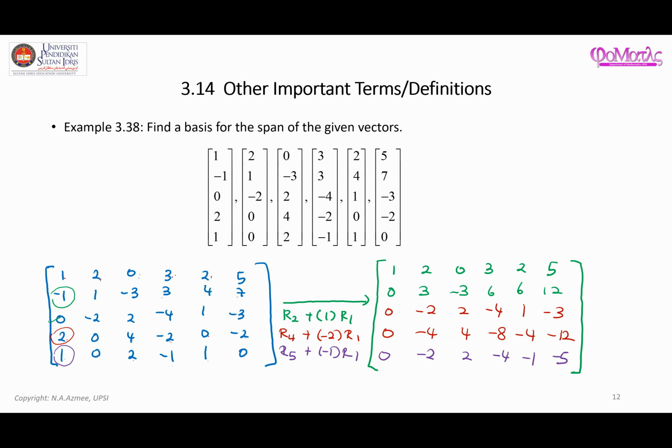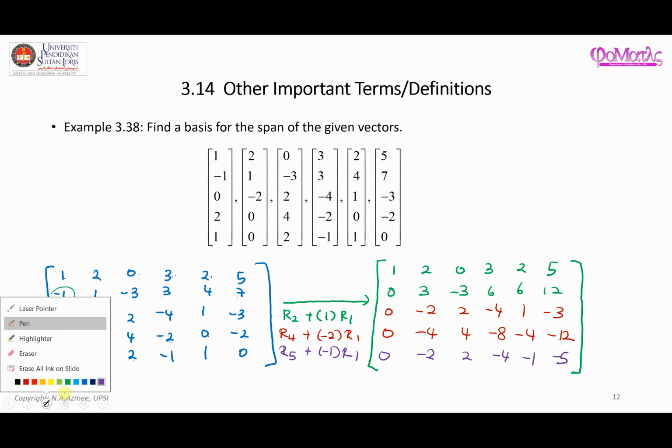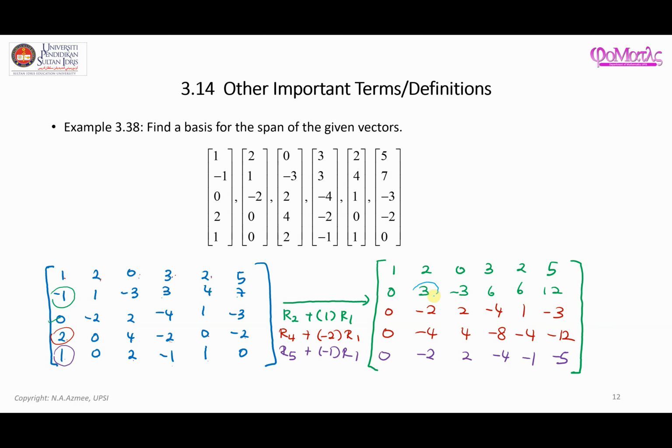Right. Next, what I can do is turn this into the value of 1. So I will consider 1 over 3 multiplied with the second row. And the result here is going to look like this.